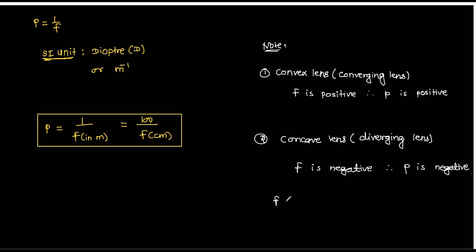So f is maximum for red and minimum for violet.